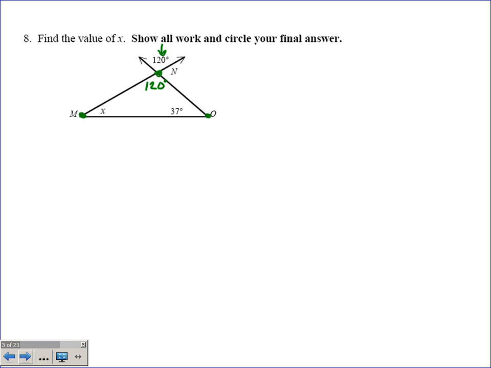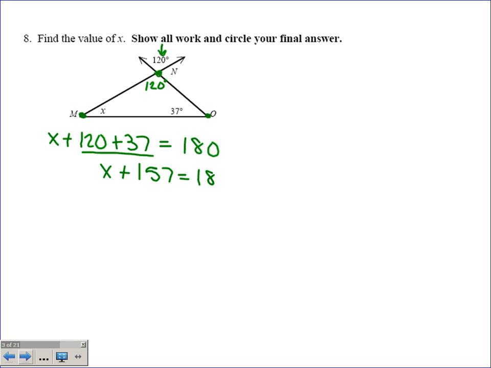Perfect. Now it looks like we have 3 angles that are on the inside of a triangle. We need to solve for one of them. How do we do that? Add 120 and 37. I'm going to add all 3 of them together, because that's what the best students will do. What will that equal? It'll equal 180. Yep. When you add these 2 together, you get 157.